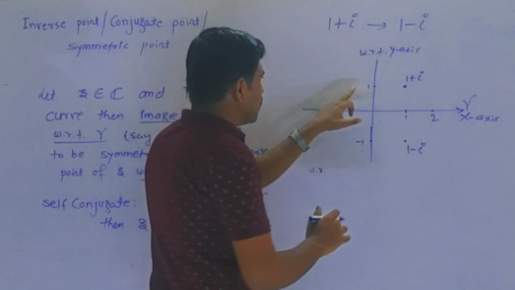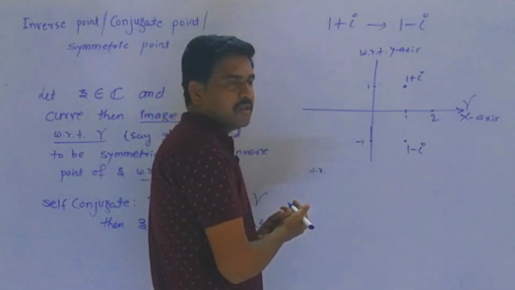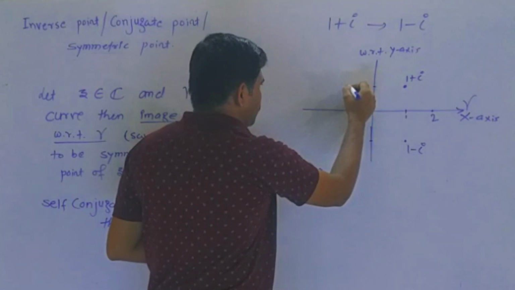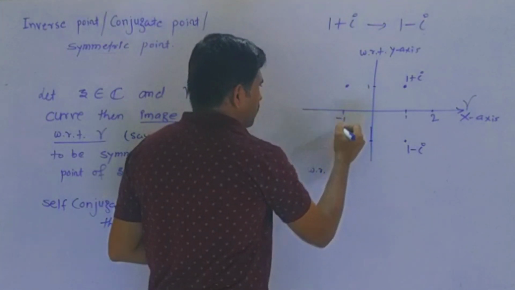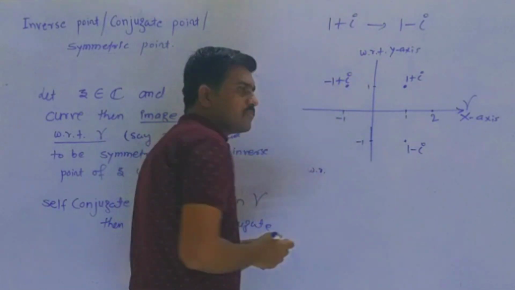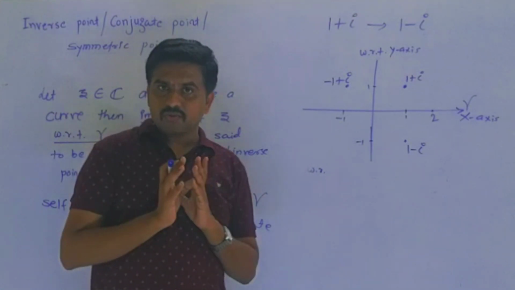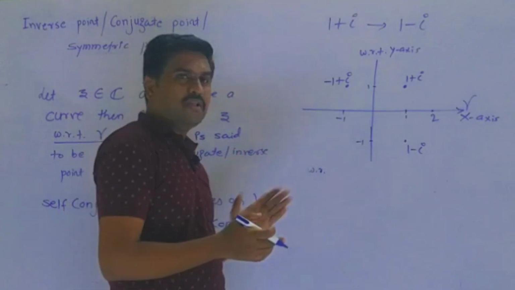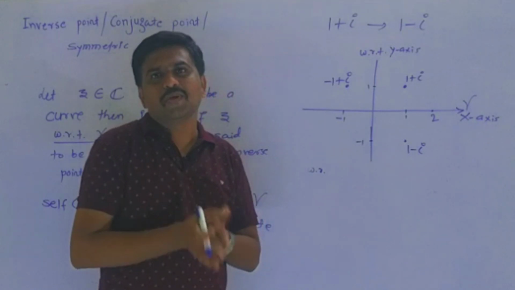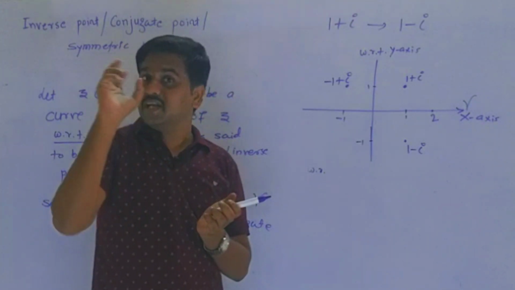With respect to the y-axis, the conjugate of 1 plus i, or symmetric point of 1 plus i, is obviously this one. So this side is minus 1, and that means minus 1 plus i. So can you believe the conjugate of 1 plus i is minus 1 plus i? But you have to believe because I changed the mirror, I changed that curve.